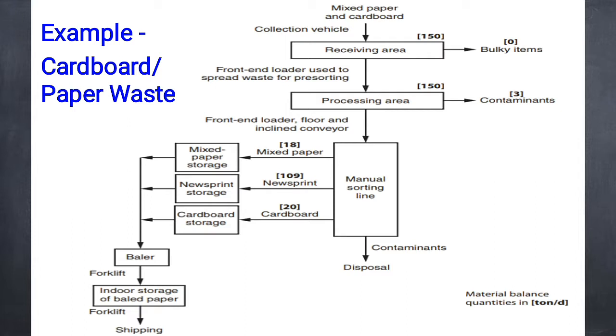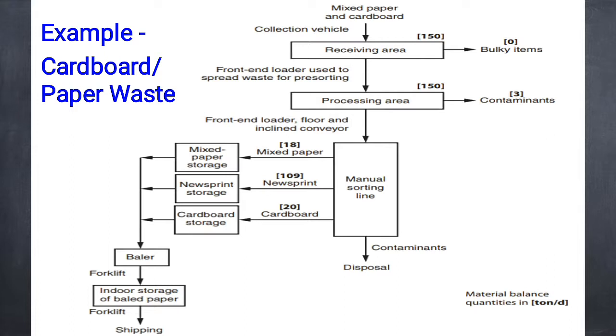From the front end loader, what is going to happen? It is going to pick the mixed paper and cardboard waste and separate the bulky items, and smaller items will be sent further.